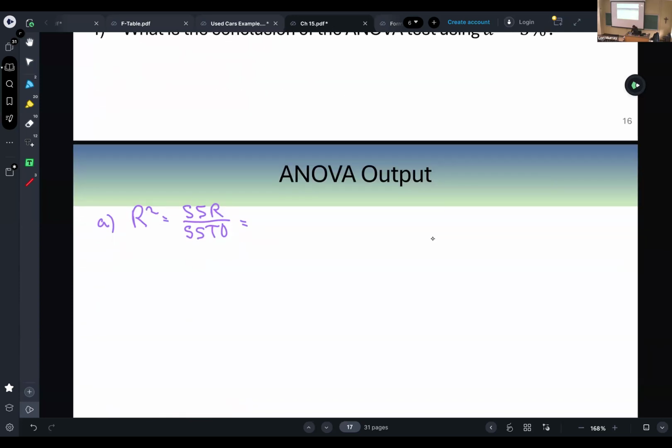You want to try to keep these straight. 7759.146 divided by the SSTO, which is 17377.846. And we have it. Once you have that, you have your R squared. Does anybody have an R squared?